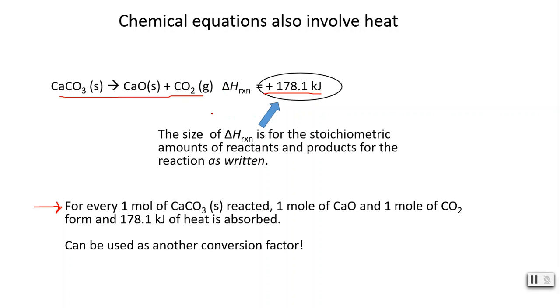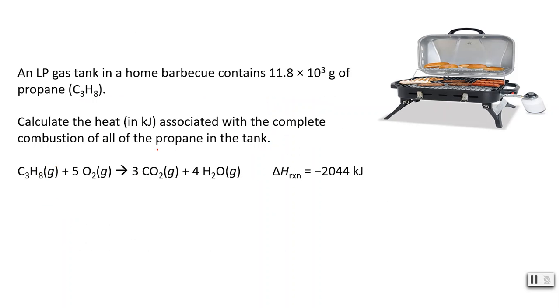Okay. So chemical equations involve heat. The amount of heat that is absorbed or released is related to the coefficients of a balanced chemical equation. And just like we were able to use those coefficients as conversion factors, we can use heat as a conversion factor as well to do stoichiometry problems. So let's say that you're going to enjoy this beautiful day that we have. At least right now it's about 80-some degrees out.